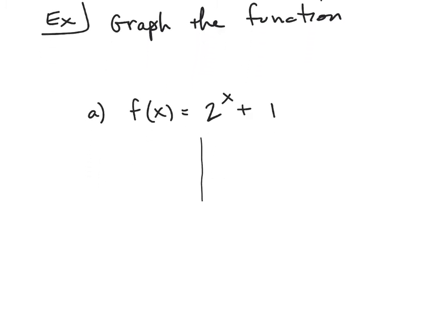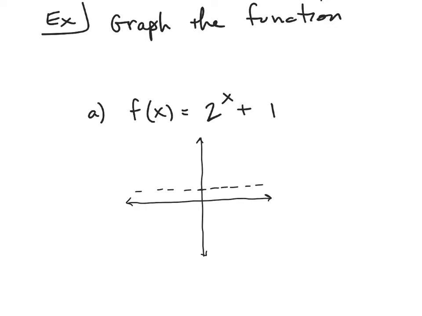So step 1 is locate the horizontal asymptote. Like I said, typically it's here at 0, unless there's a vertical shift. In this case, we're moving up 1 unit, which also moves the horizontal asymptote up 1 unit. So the horizontal asymptote is the line y equals 1.